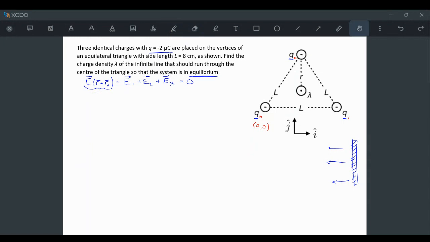So reminiscent of last week or last tutorial, these electric fields depend on the charges. I'll just draw it up in the corner here. The electric field of a point charge is equal to 1 over 4 pi epsilon naught times the charge over the distance squared, in the direction of whatever the separation is between the point charge and where we want to evaluate the electric field.